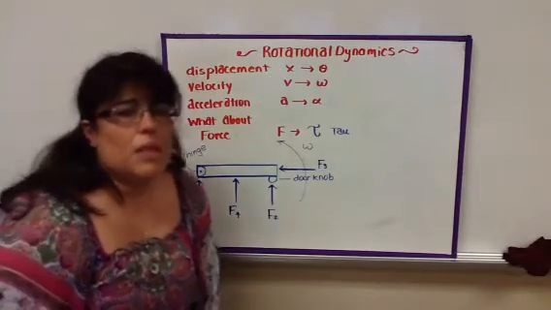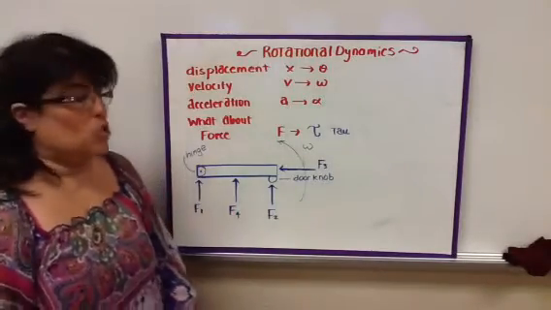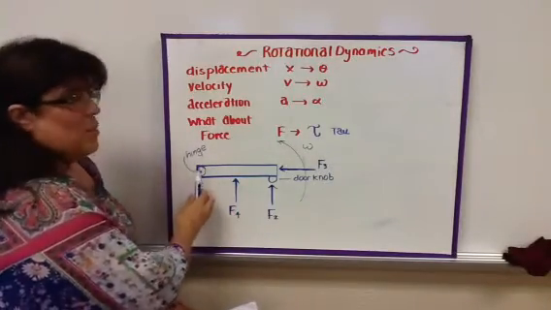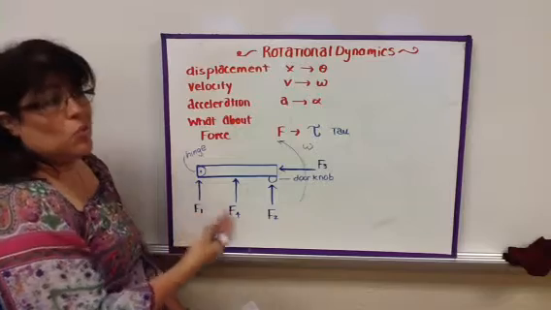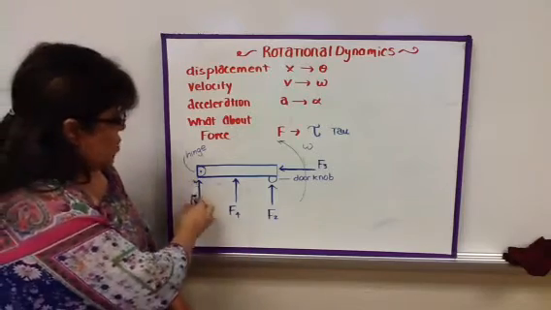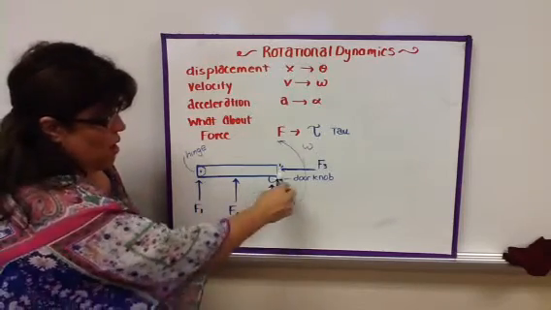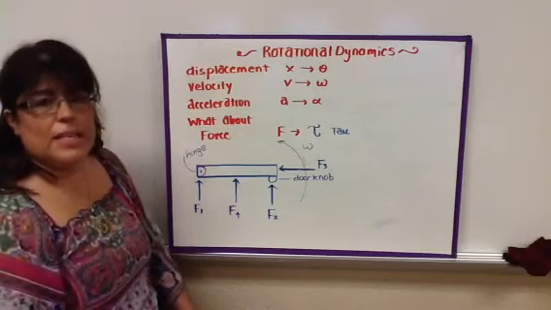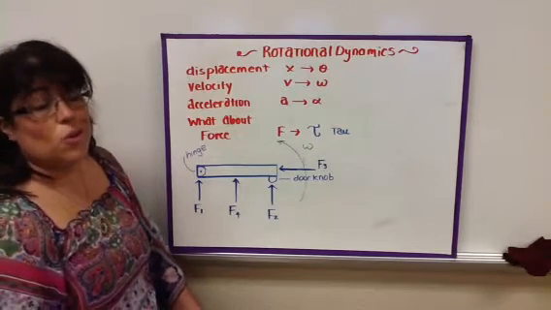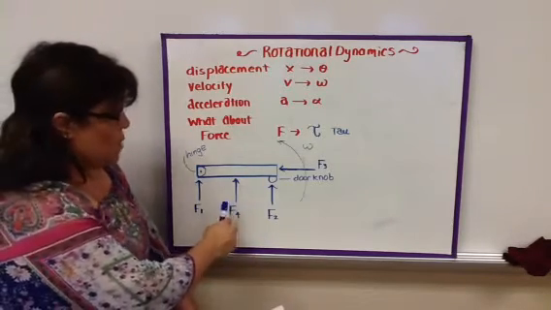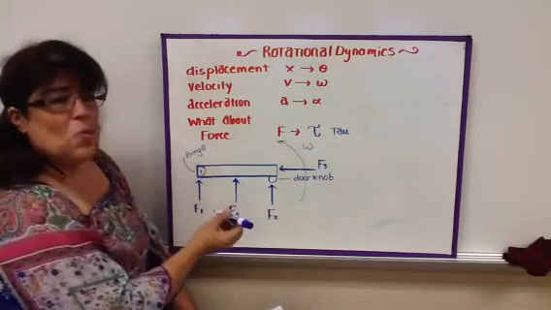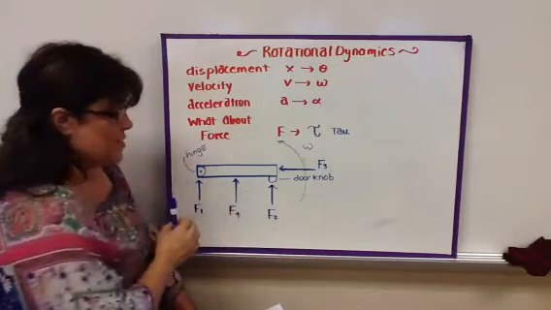So think about some of the things that help you open a door. If you were to push right here where the hinge is and we're trying to open the door, it wouldn't work. So we know that the further out that you are from the hinge when pushing on that door, the easier it is to open. So if you go home and you try to push the door in the middle, it's not going to open as easily as if you push it on the outside.